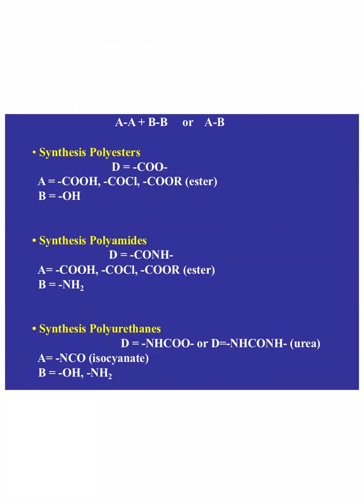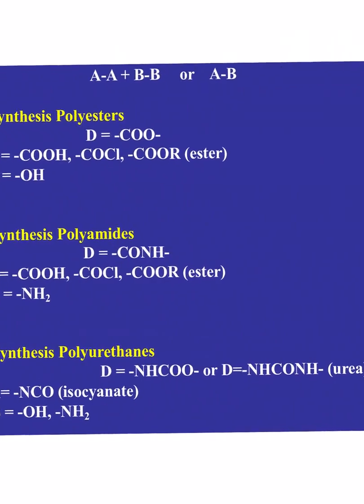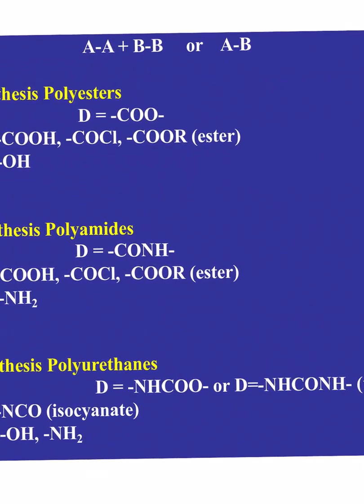All right, and so this is just showing you the kind of feeds that go into making polyesters, which you should know what those are, polyamides, you should know what those are, and polyurethanes, you should know what they look like, I guess I should say. And so this shouldn't be that difficult.